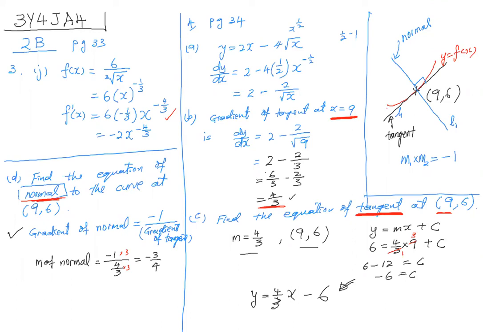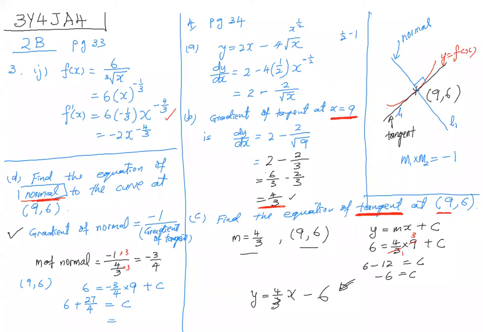So after you got this, then you got the point 9, 6. Then you sub into where? Tangent and normal both are straight lines. Okay, Amanda, what should I do next? Find c. Okay, yes. How to find? y equals mx plus c, and then y is 6 equals negative 3 over 4 times 9 plus c. So this will be 6 plus 27 over 4, correct?